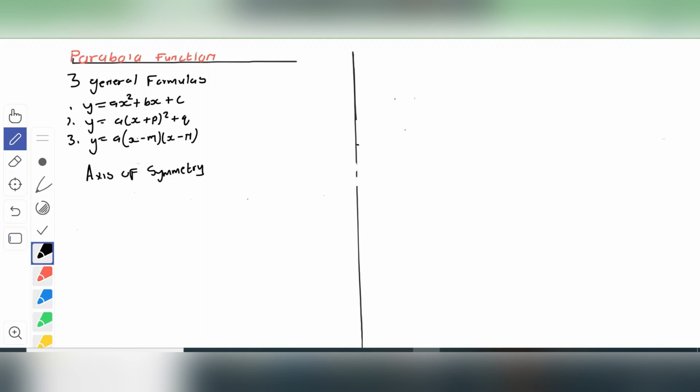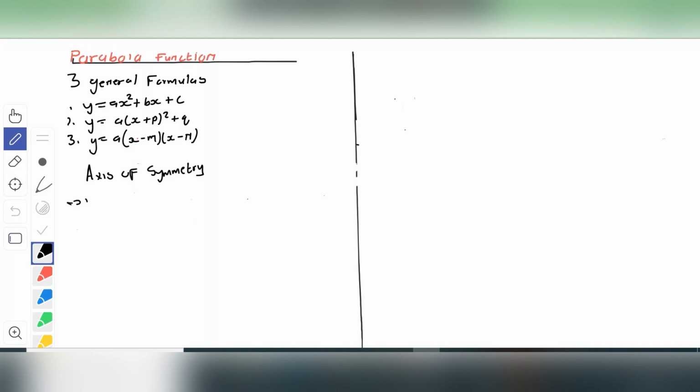Whenever they say write down the x value of the axis of symmetry, they want you to calculate the x coordinate of the turning point, or just write down the x coordinate of the turning point, right?